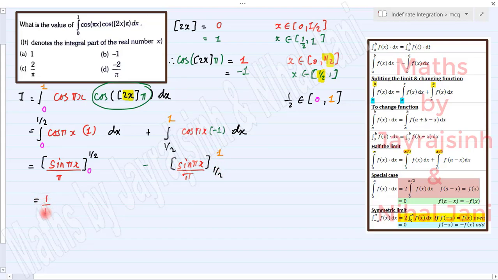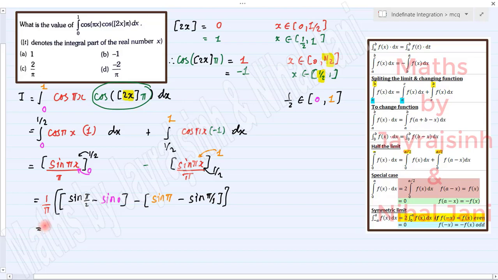So 1 by pi take common, we will get from upper limit sin pi by 2 minus from lower limit we will get sin 0, minus from upper limit we will get sin pi, minus from lower limit we will get sin pi by 2.